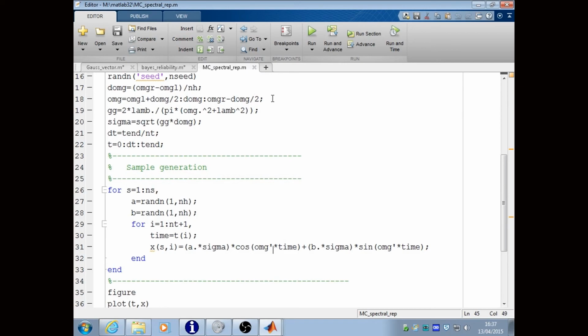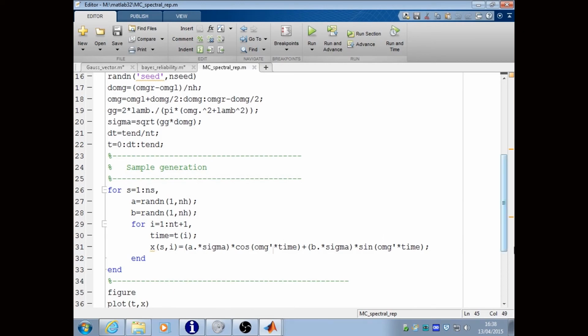And this is a vector selecting the frequencies, the nu k if you look in our representations. And here is the calculation of sigma k square in the formulas. So we have all the ingredients right now to put the formula together. So the formula is written here. It's cosine and sine with A Gaussian 0, 1, B Gaussian 0, 1, and the scaling factor is the sigmas. So that's the whole algorithm.